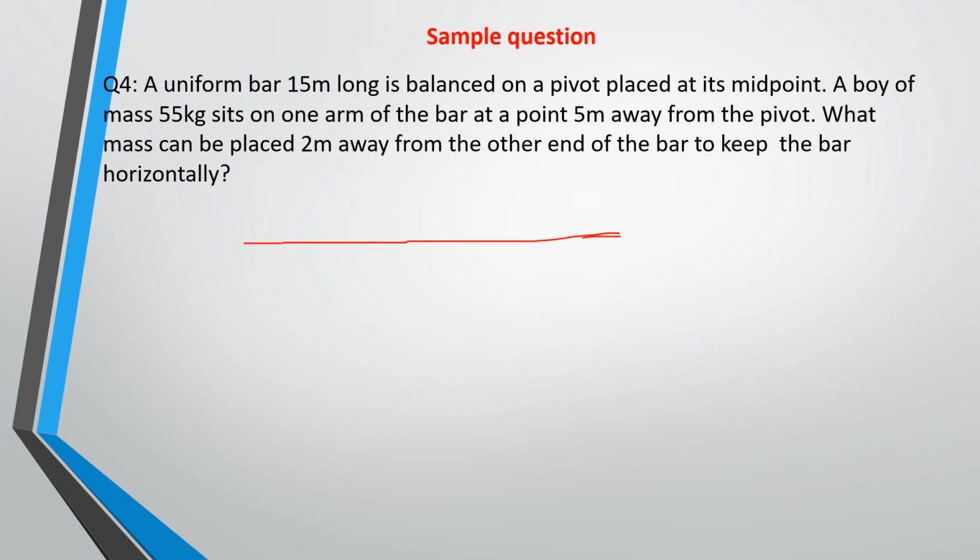Assuming this is your pivot, the bar is A, B, and the length of the bar is given as 15 meters.